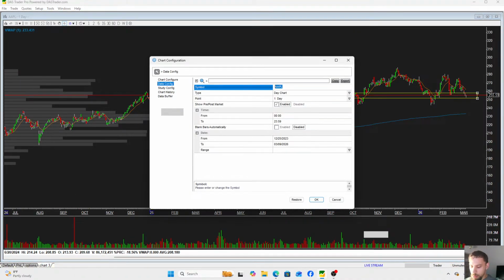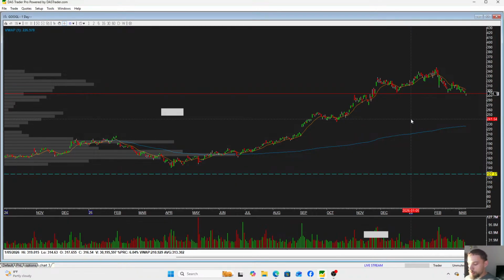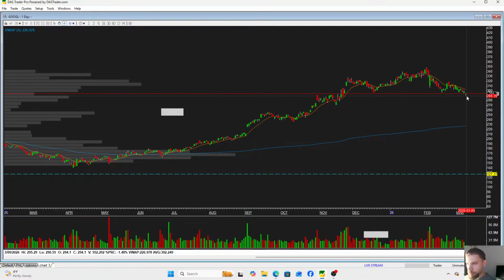Google. Excuse me. All right, Google, here we go. Google has broken down a significant area of support, I would say, or at least opening up below a pretty significant area of support. You can see bounce point here, bounce point here, bounce point here. And we have this entire consolidation range that the stock has been stuck in for some time.